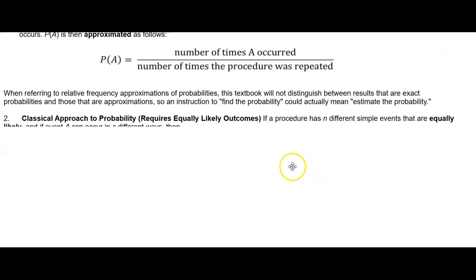The second approach is the classical approach to probability, and this requires equally likely outcomes.